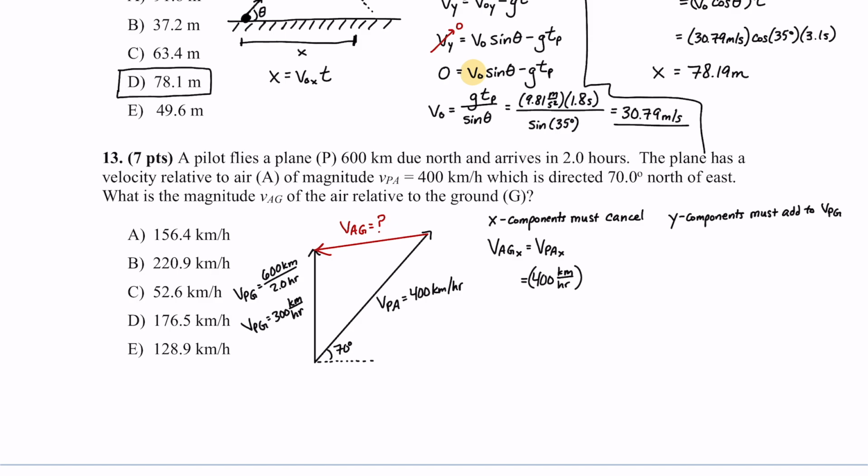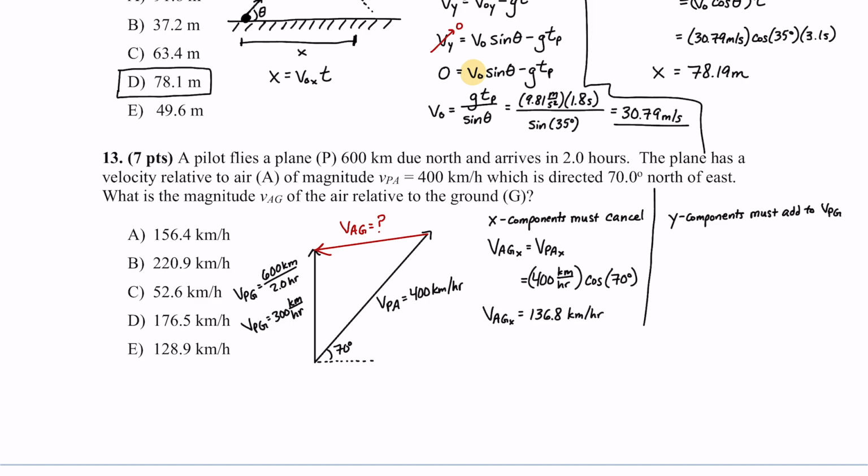So VPAX is equal to VPA cosine of 70 degrees, and this overall product is equal to 136.8 kilometers per hour.